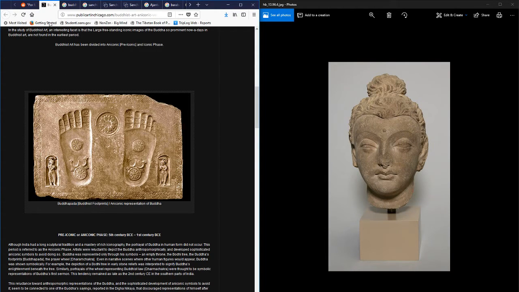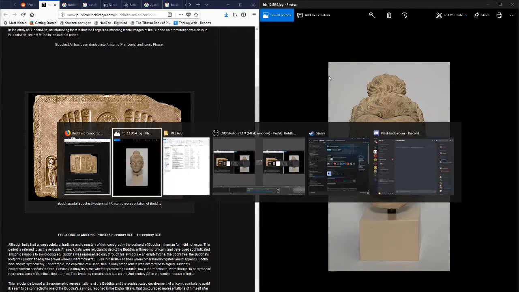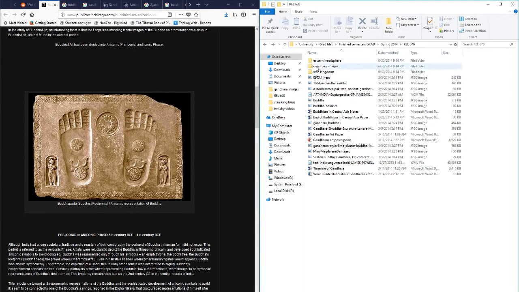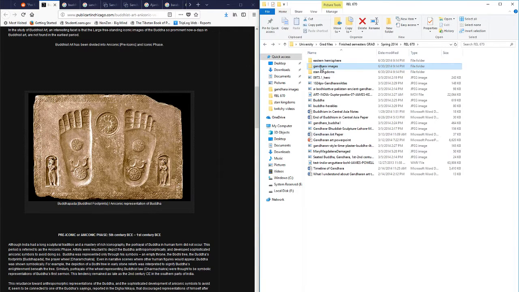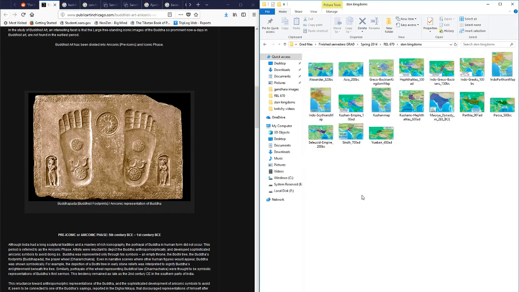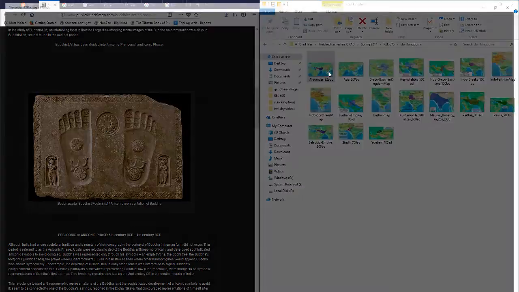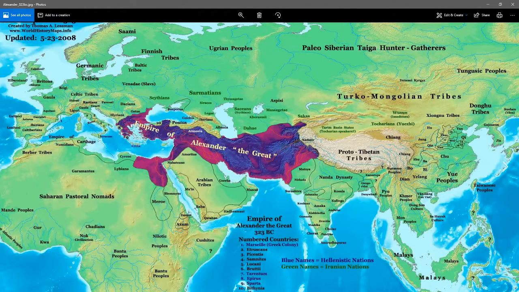And in particular, they came into contact with the kingdom or the empire of Gandhara, or Greco-Bactria. And so here's Alexander. Of course, he conquered all the way over here, and he had his army mutiny, so he had to turn around.